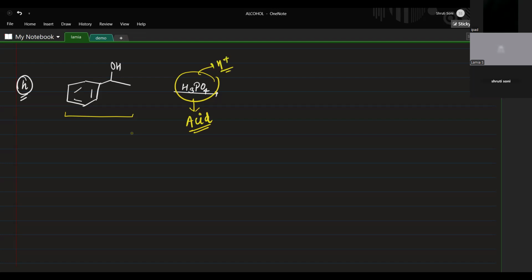And H3PO4 is a strong dehydrating agent.